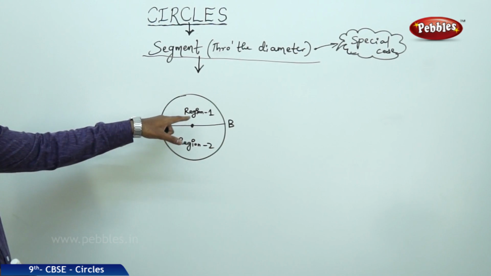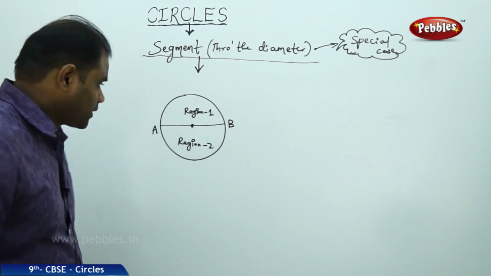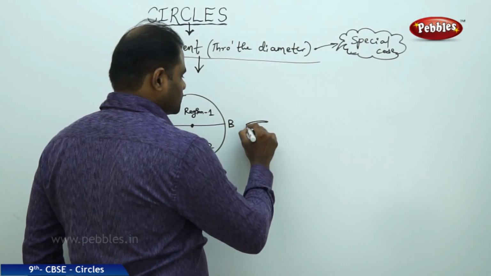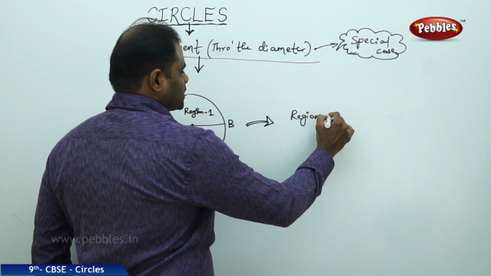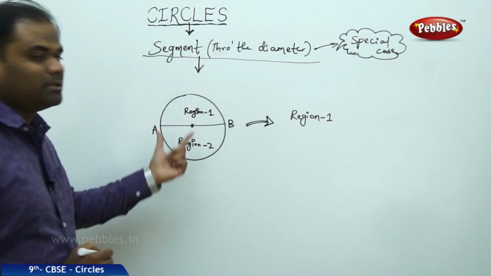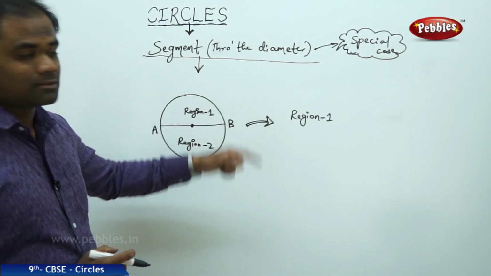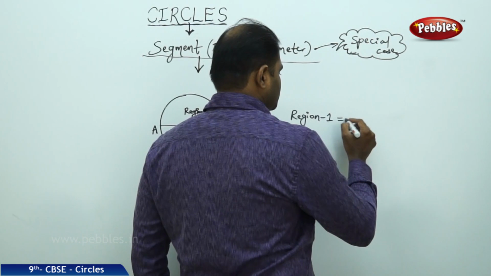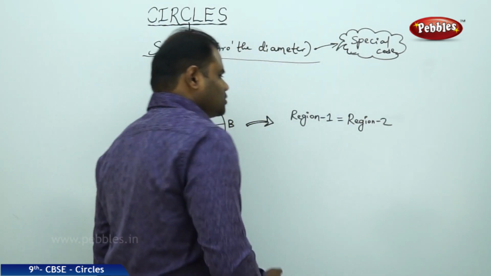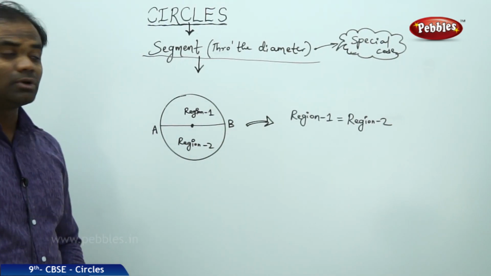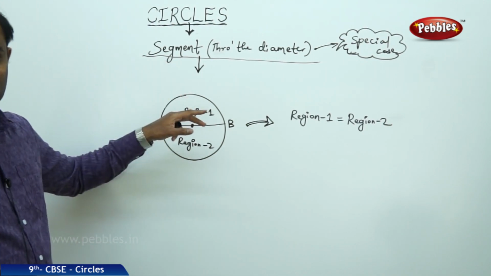So I have two regions formed by the diameter. Interestingly, we also note that the two regions formed by the diameter AB are equal because it passes exactly through the center. Area of region 1 is equal to area of region 2 because AB is the diameter. It exactly divides the circle into two equal parts.